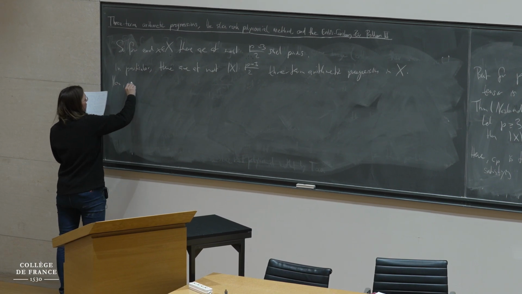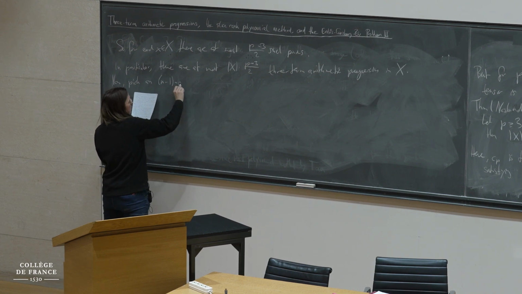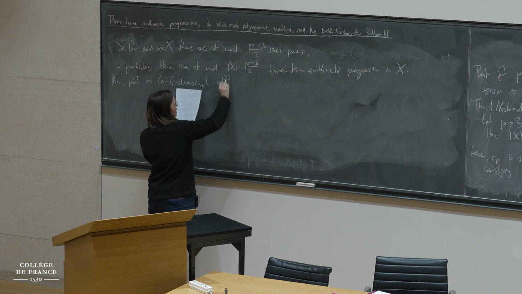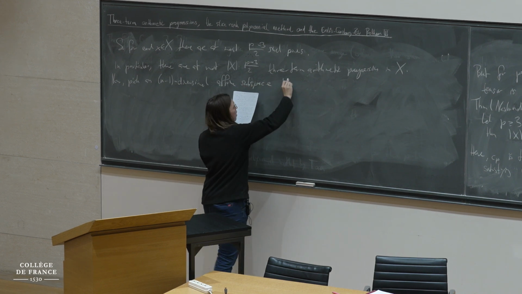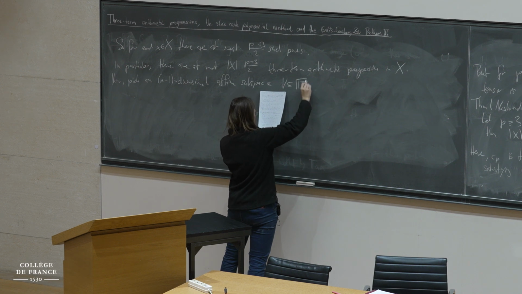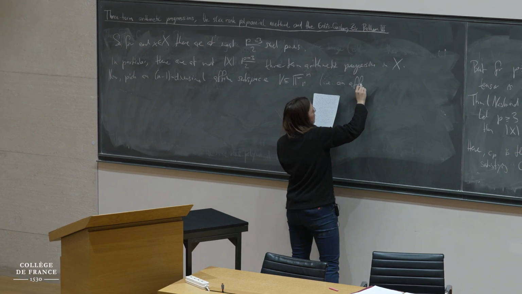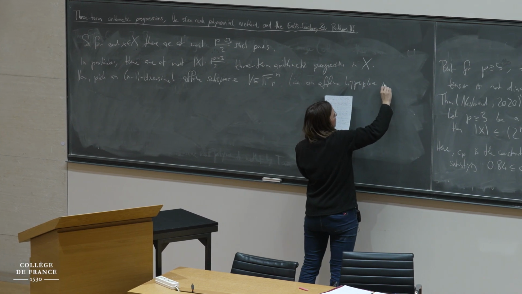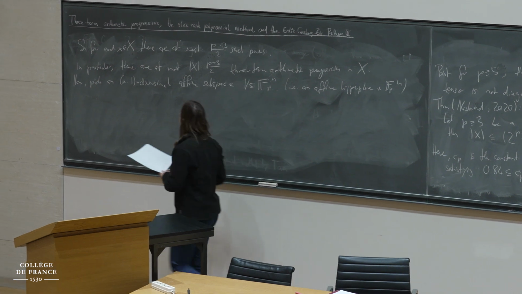So now pick an n-1 dimensional affine subspace V of Fp to the n, i.e. an affine hyperplane in Fp to the n, uniformly at random.